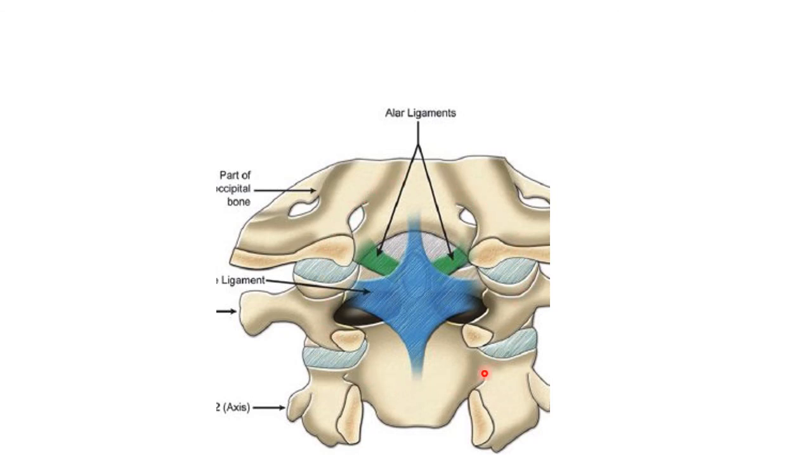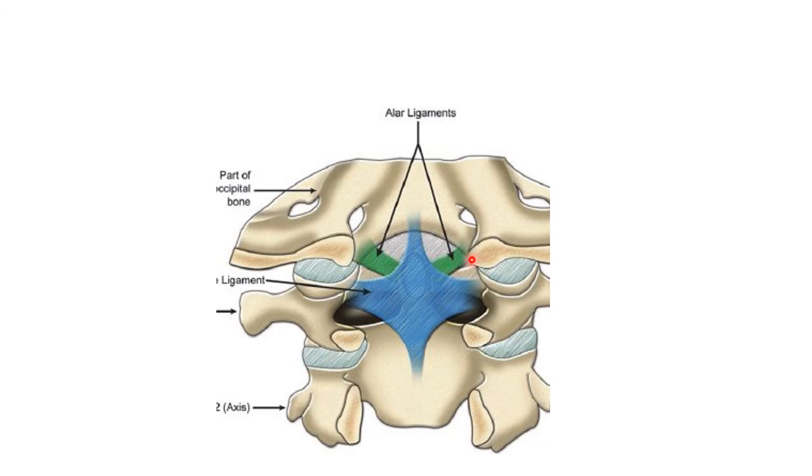The dens of the axis forms a pivot around which the atlas vertebra rotates along with the head. So this is the movement occurring at the atlanto-axial joint. The rotation is mainly limited by the alar ligaments.